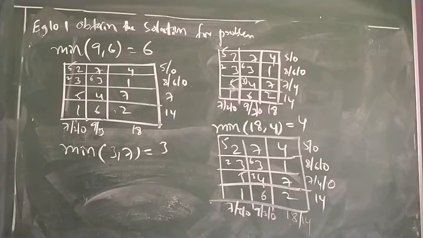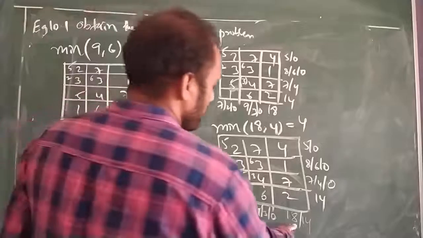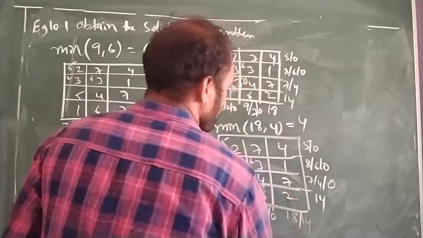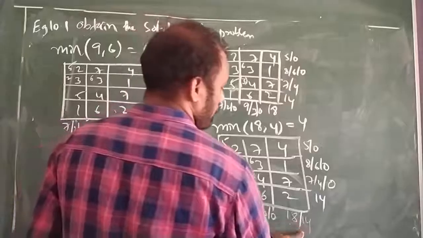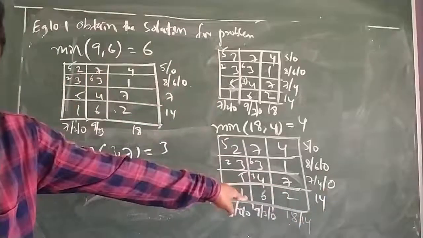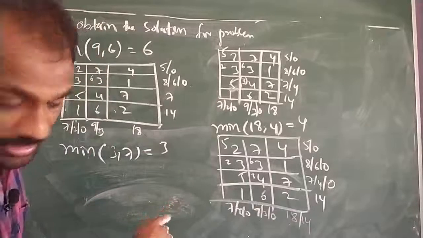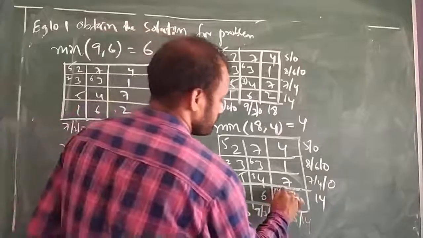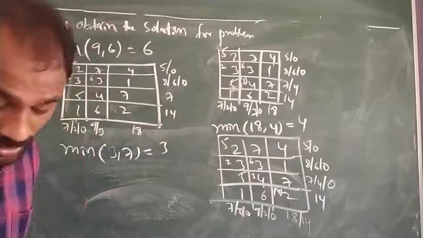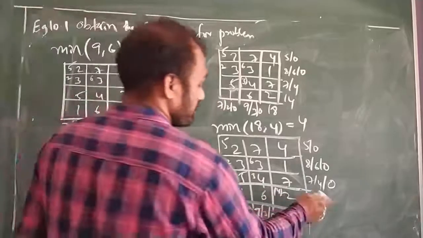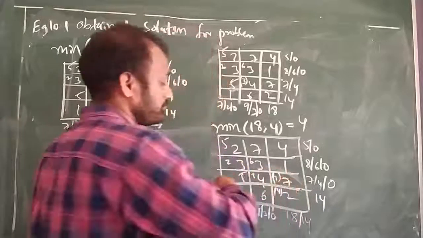So the last column is 18 by 14. Now we can make the minimum value of 14 comma 14. So that final value will be 2. Why? Because 14 by 0, 14 by 0 it will be 2. So we can write here it as 14. Previous case we have subtracted 4, now here it will be 4.